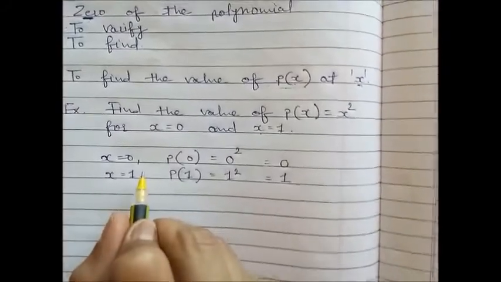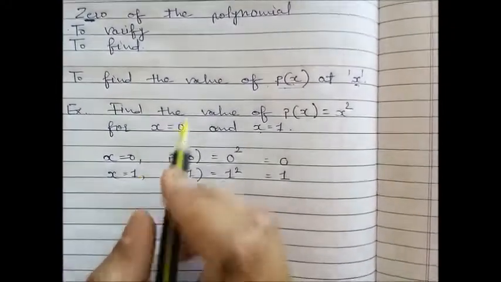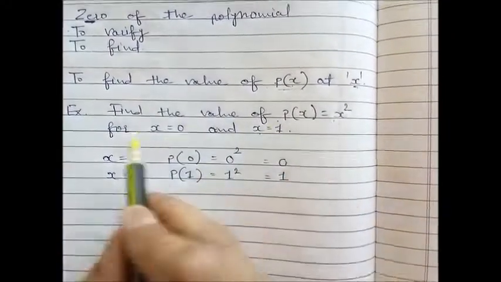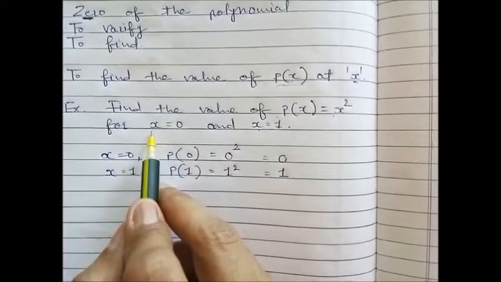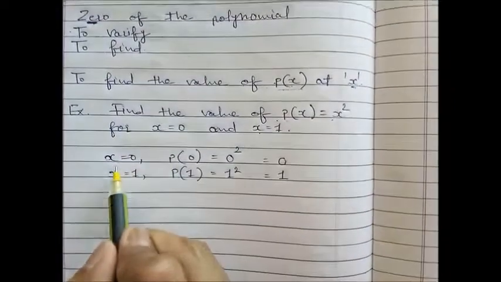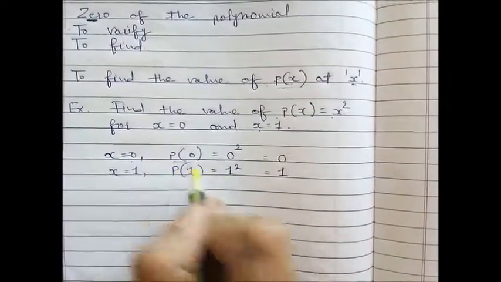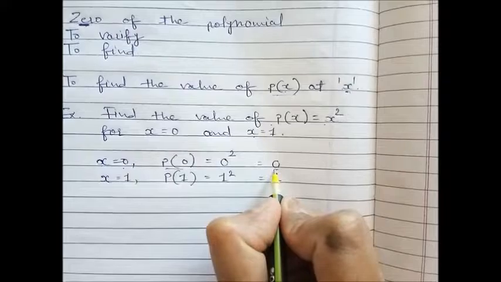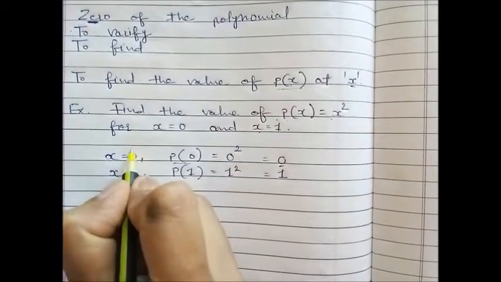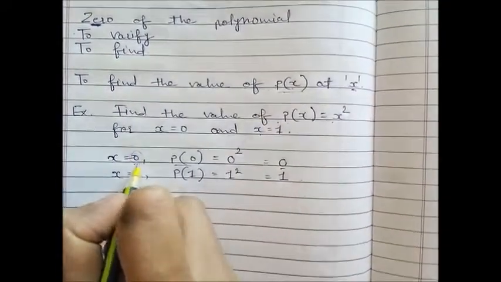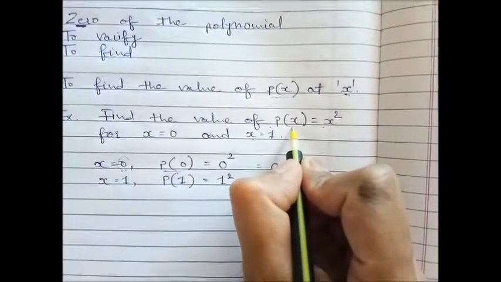This we have already learned in the previous video, to find the value of p of x at a given value of x. Now see carefully, for x is equal to 0, the value of p of x comes 0. That means this 0 is known as the zero of p of x.